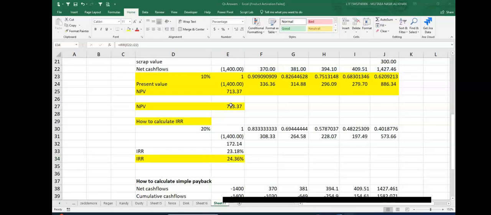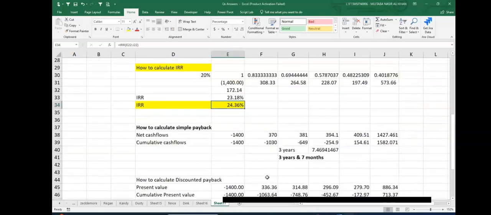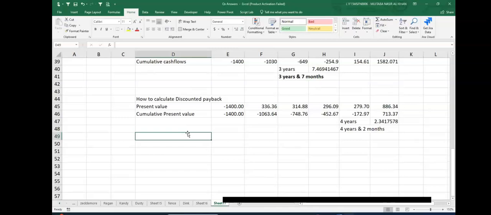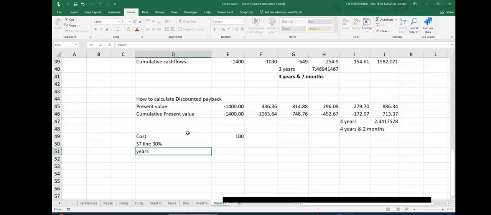Okay, Sajid. What if straight line 30% is given in an exam? Till how many years will we calculate capital allowance? Straight line 30% means 3 years straight and then 10% in the 4th year. For example, if straight line 30%, cost is 100, years 1, 2, 3, 4.